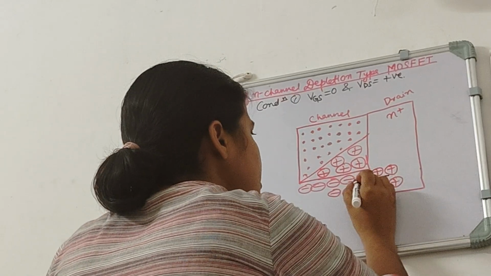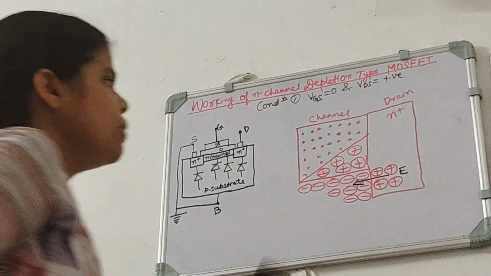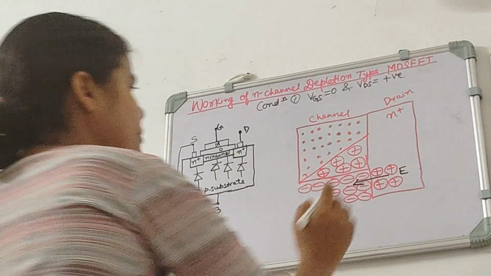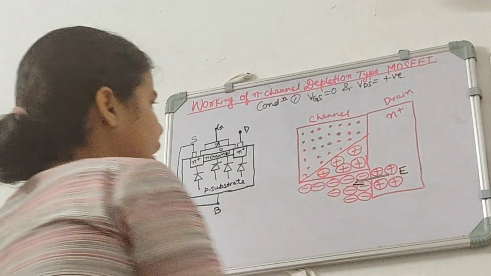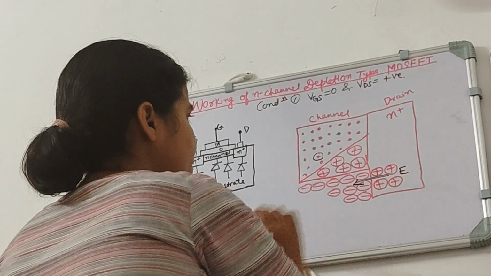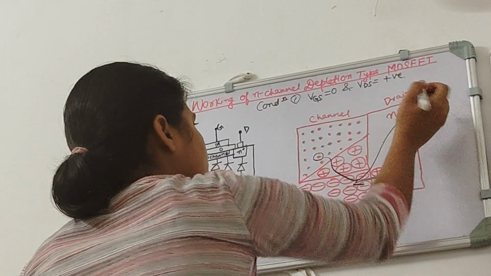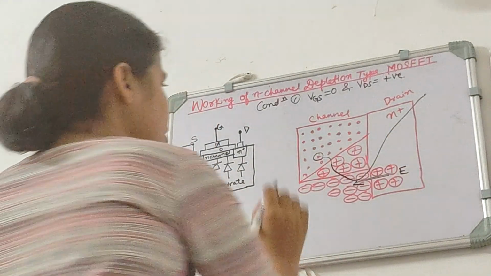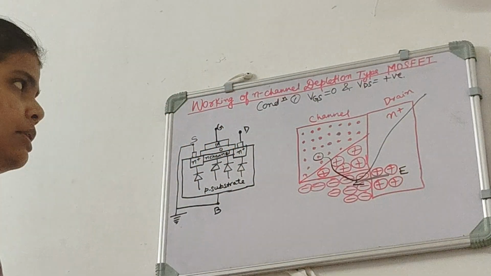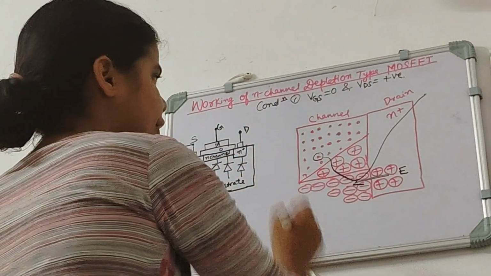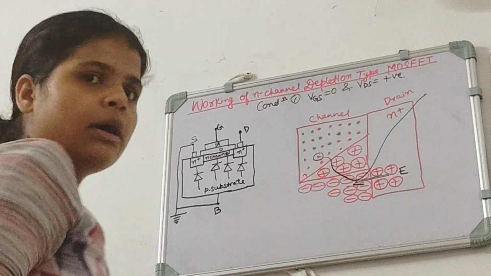Its direction will be from positive ion to negative ion, and this strong electric field will attract these electrons, and then they will move out from the drain.